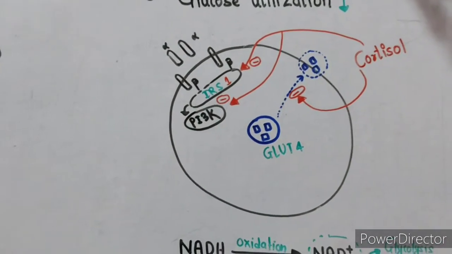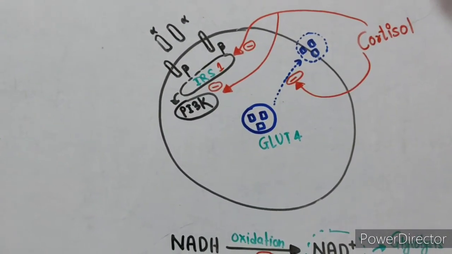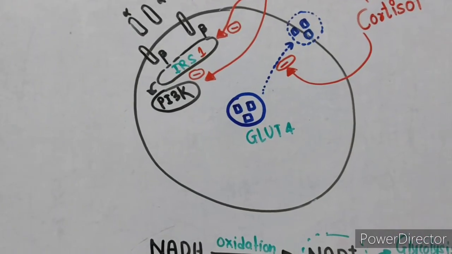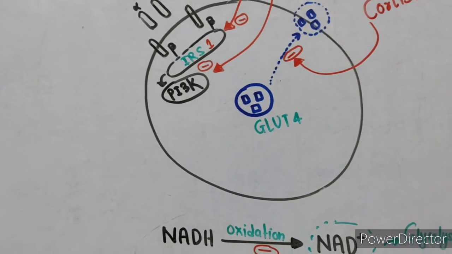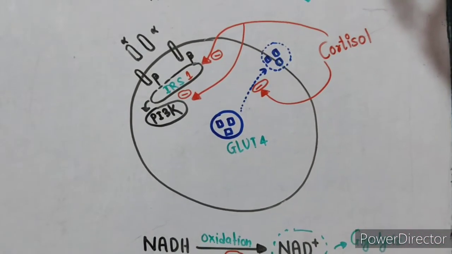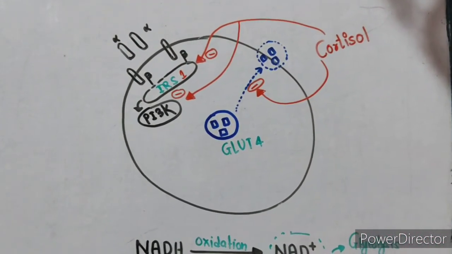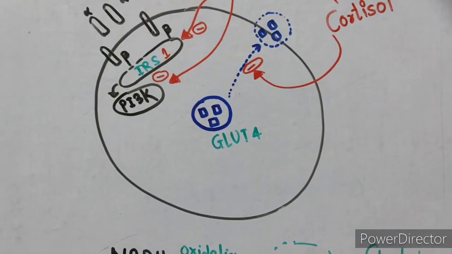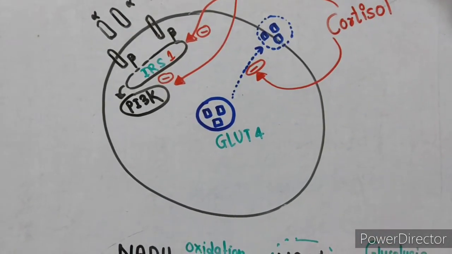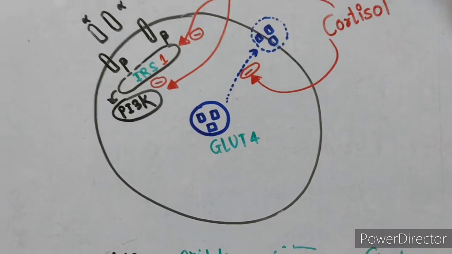An ultimate action of insulin is also to transport GLUT4 vesicles into the cell membrane from the cytoplasm. So cortisol causes insulin resistance. How? First, it inhibits the translocation of GLUT4 vesicles from the cytoplasm to the cell membrane.